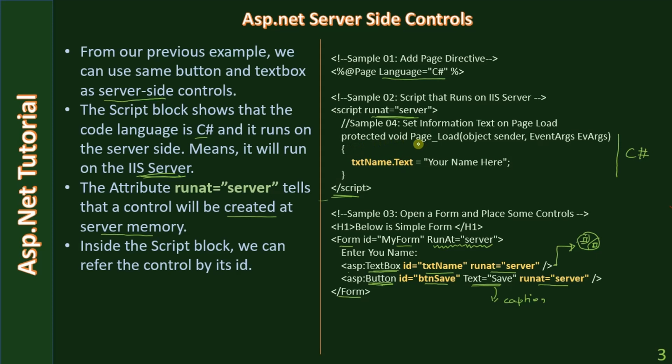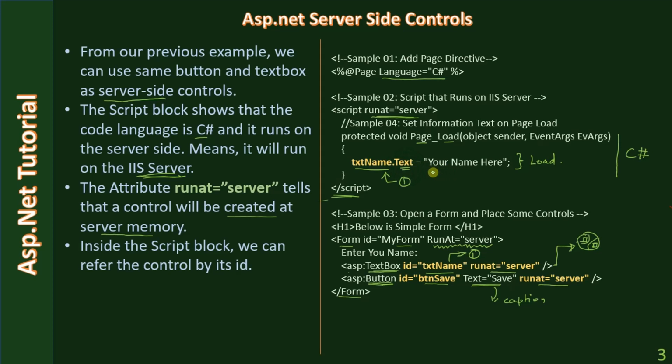Protected void Page_Load, that means this specific handler will get called when page is loading. So during that time we are accessing the control txtName, which is here based on the ID. And we access the Text property.